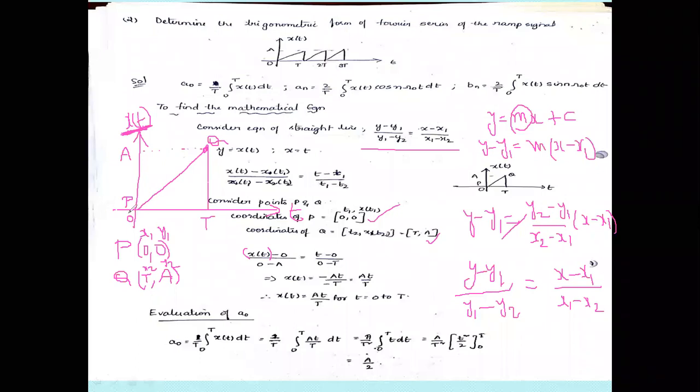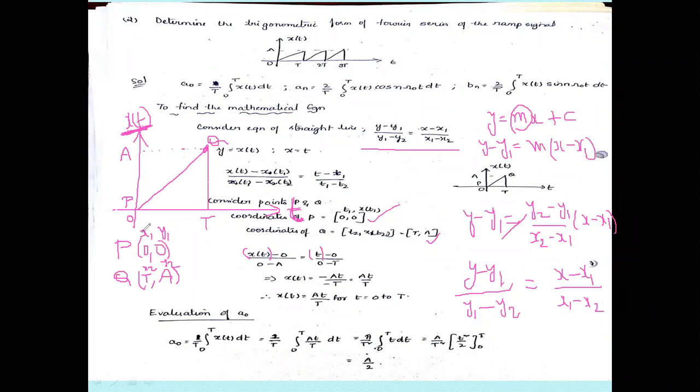What is the x here? X is the t variable. So t minus x1, which is 0. In the x-axis, t is the variable, and in the y-axis, x of t is the signal. So for y I am taking x of t, and x is t, and the remaining are the quadrants.